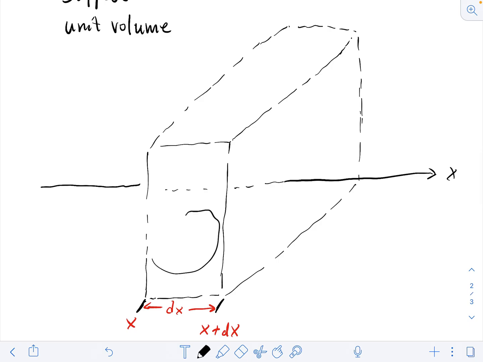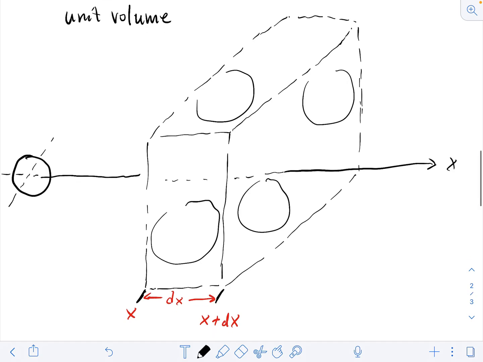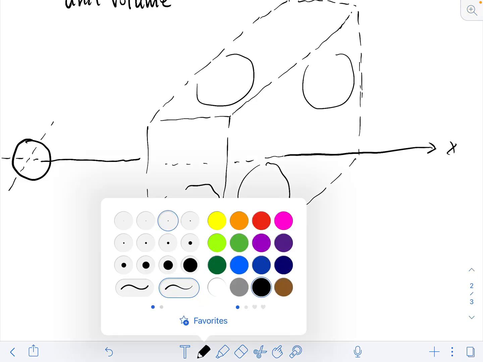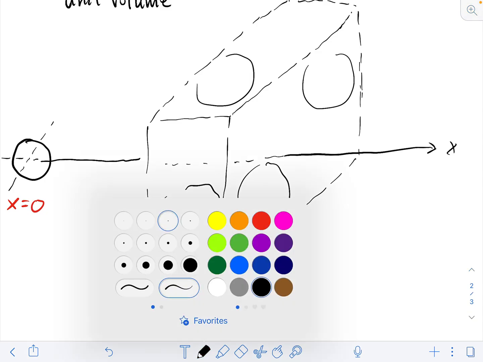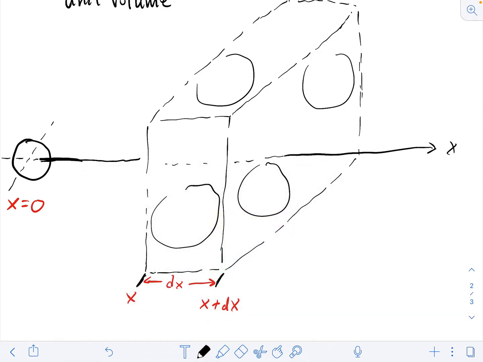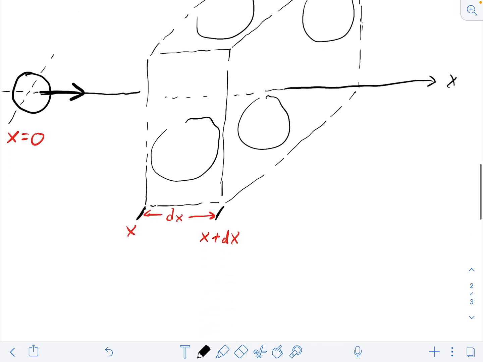Okay, and so in here are particles, and these particles have radius r, and they occupy some of this volume. And then over here we have another particle, and it's sitting at the position x equals 0. So it's starting here at x equals 0, but it's moving along the x direction towards this slab of other particles. Okay, so that's the scenario.